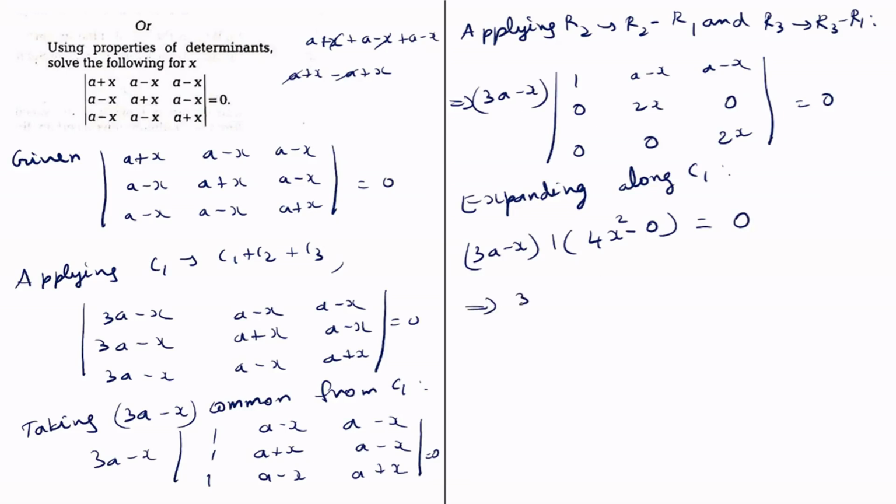So from this we get 3A minus x into 4x square equal to 0. From this we get x is equal to 0 or x is equal to 3A. Therefore, x is equal to 0, 3A. This is the solution for this.